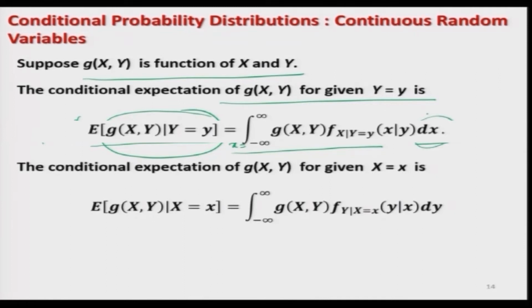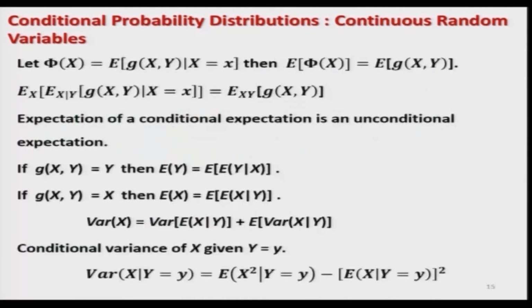And similarly, if you want to find the conditional expectation of g(x,y) given X equal to x, you simply have to use the same definition, but you now integrate with respect to the range of y. This is what you have to keep in mind. So you are simply treating this conditional PDF and marginal PDF just like a simple probability density function, and the way you have found different things, they can be obtained here also, right.